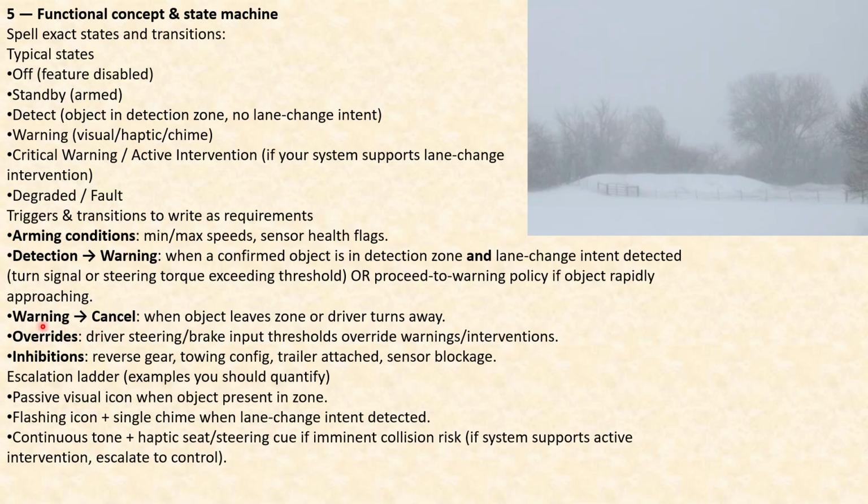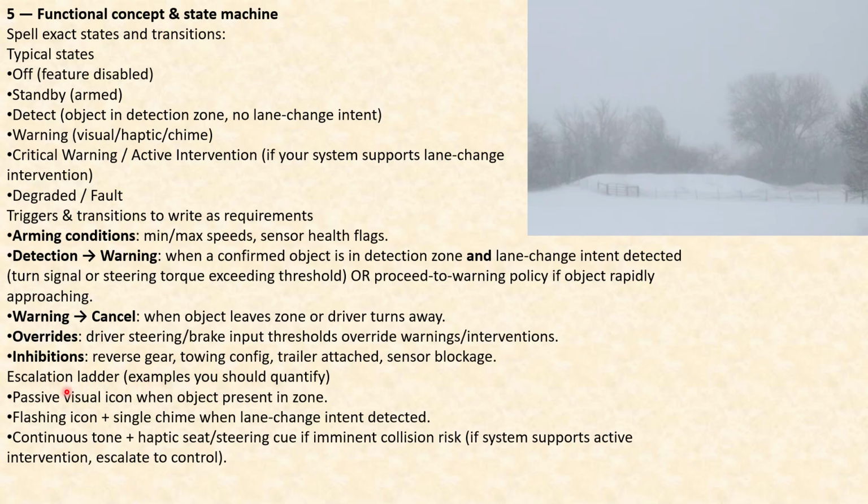Now, when it comes to the warning, you cancel it when the object leaves the blind spot detection zone or the driver turns away. Now talking about the overrides: driver steering or brake input threshold can override warning interventions, and inhibitions like reverse gear, towing configuration, trailer attached, and sensor blockage.